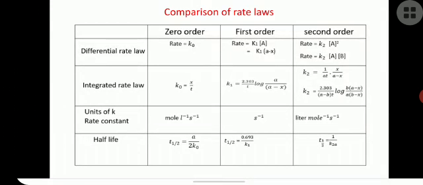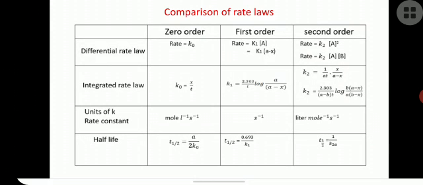For first order reaction, k1 is equal to 2.303 upon t into log of a upon (a minus x). For second order reaction, k2 is equal to 1 upon at into x divided by (a minus x) for equal initial concentrations. And for unequal initial concentrations, k2 is equal to 2.303 upon t(a minus b) into log of b(a minus x) upon a(b minus x).